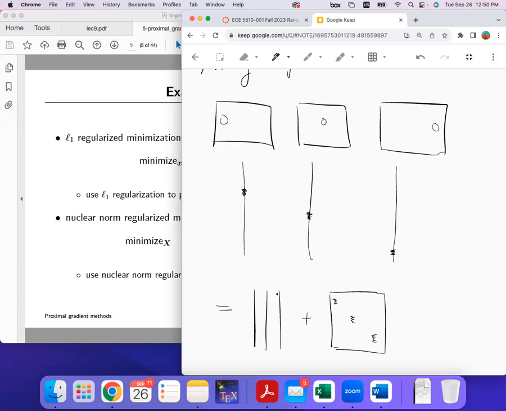And these two parts have very different structures. For the static background part, because it is static, basically every column is exactly the same as each other. So this is a rank 1 matrix. This is a low rank matrix. Because every single column corresponds to that static background frame, they are the same. In fact it is a rank 1 matrix, but you can say it is a low rank matrix.